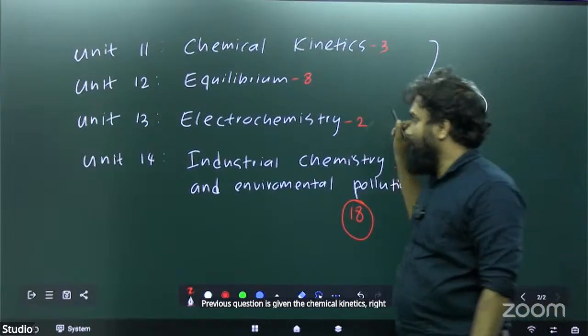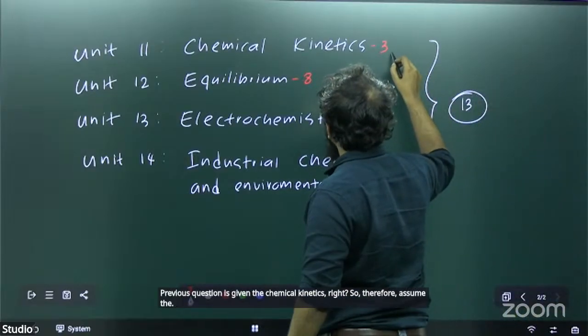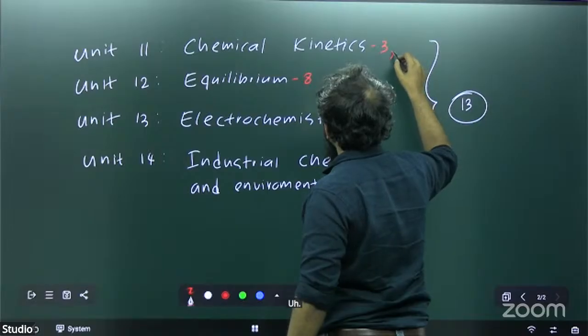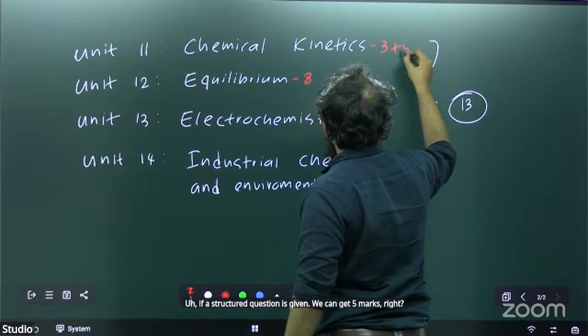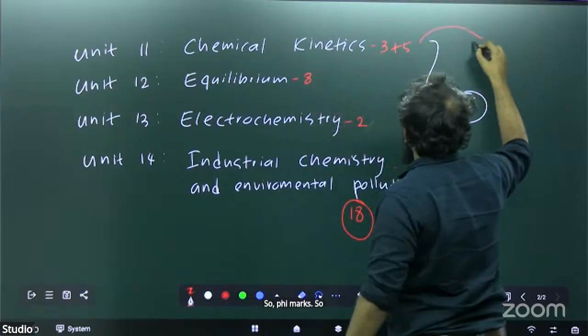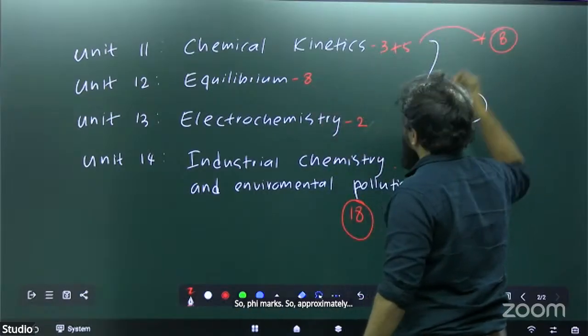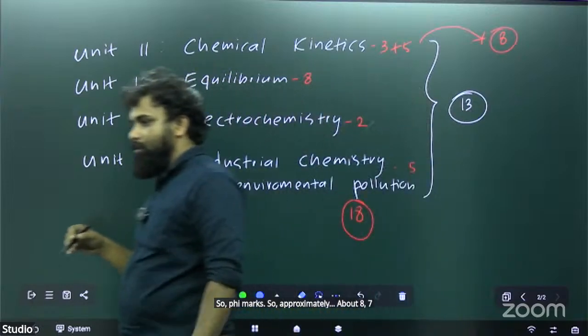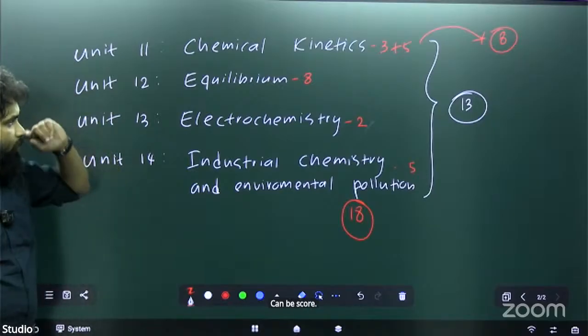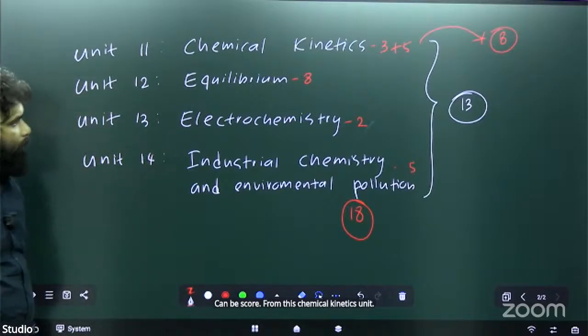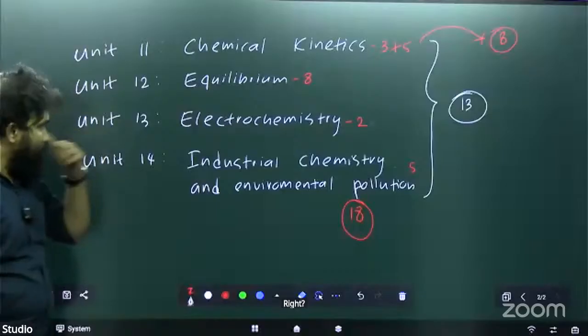If a structured question is given, we can get 5 marks. So approximately 7 to 8 marks can be scored from this chemical kinetics unit. Therefore, this is a very important unit.